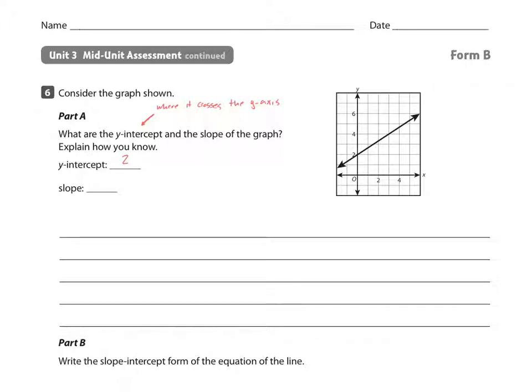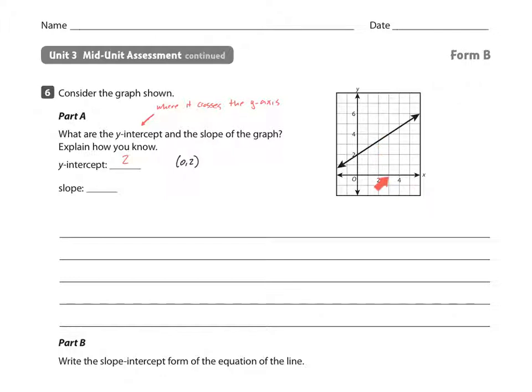Now, to find the slope, you can either use rise over run or the slope formula. I am going to use the slope formula because it's more precise and you're never going to make mistakes if you use it right. So the first point is going to be 0, 2. Again, 0 on the x, but 2 on the y. And the next point, I'm actually going to choose this point just because I can see exactly where it crosses.